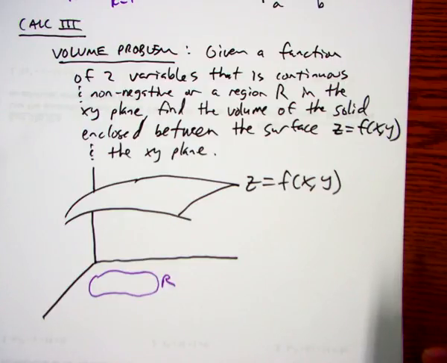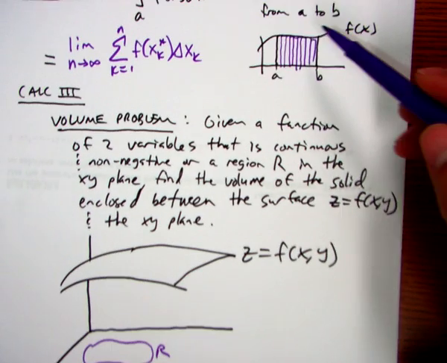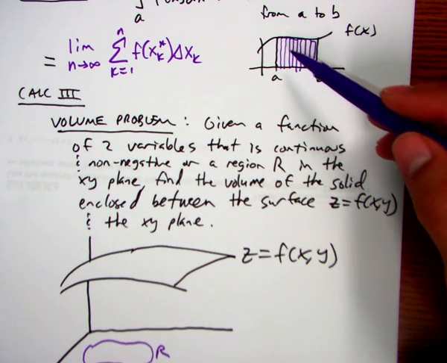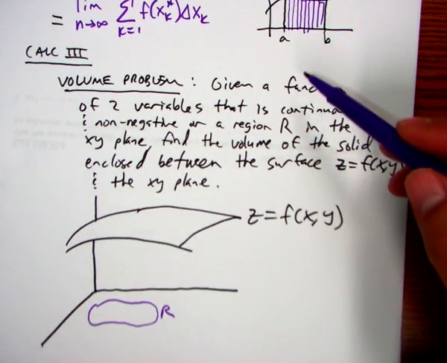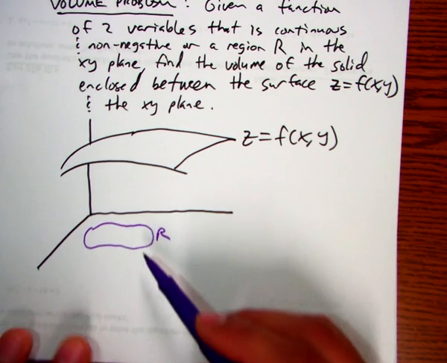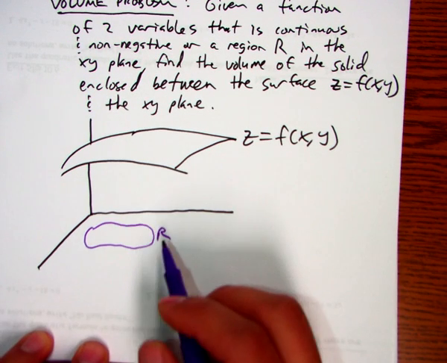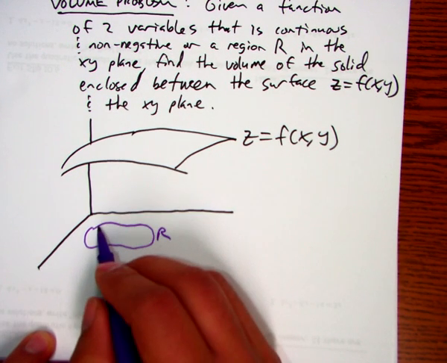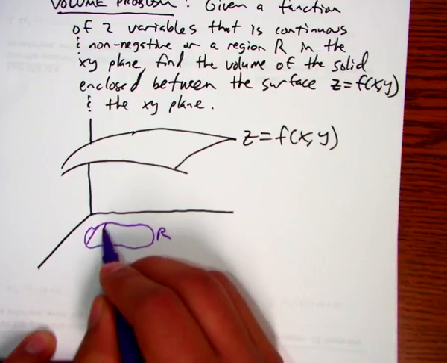Okay, so the idea that we used earlier where we partition it into little rectangles is pretty much going to be the same idea here, but we're going to start with partitioning the region into little rectangular regions. So maybe something like this.